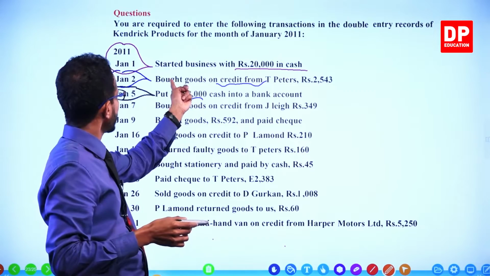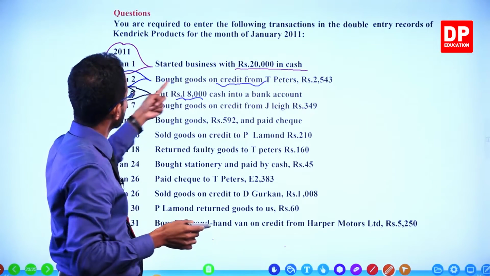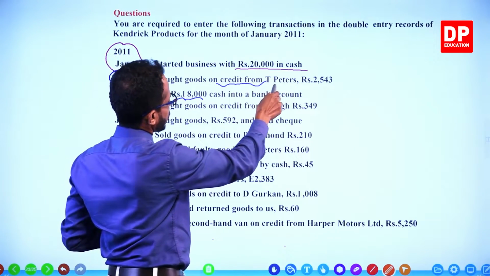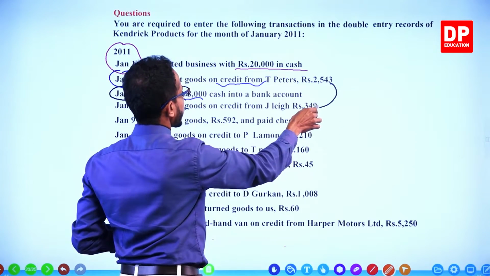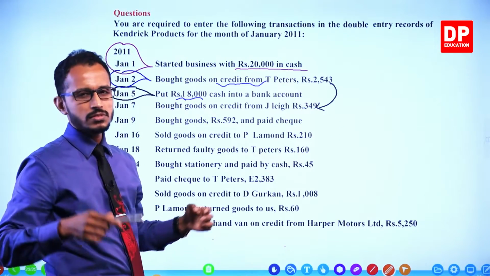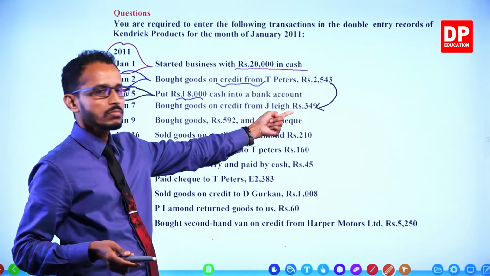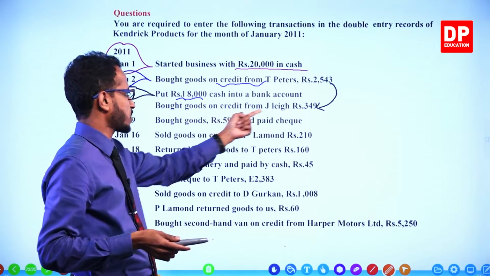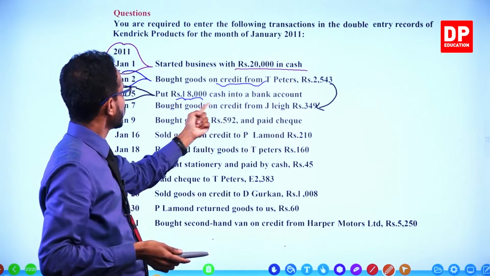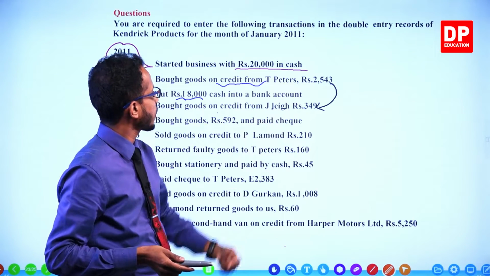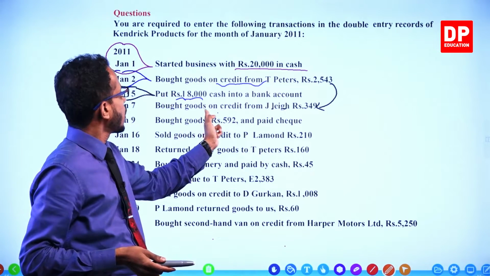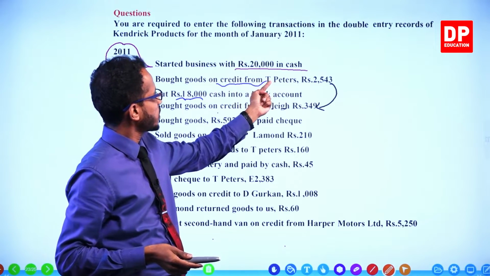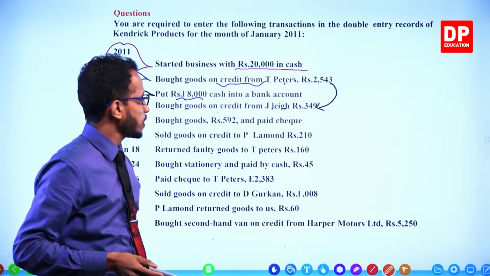That is exactly the same as this transaction. Bought goods on credit from T. Peters. Okay, so we have done something like this before. Similar to this transaction we have done. Bought goods on credit from J. Lee. It's like bought goods on credit from T. Peters. Same thing. Tell me the double entry now.